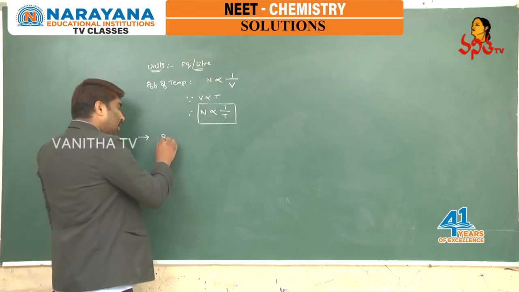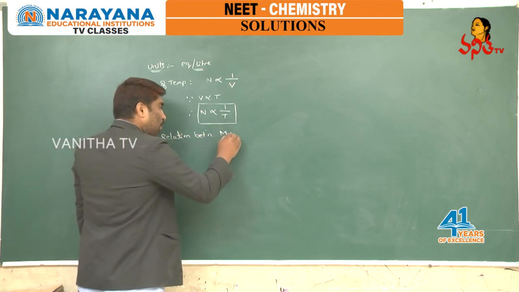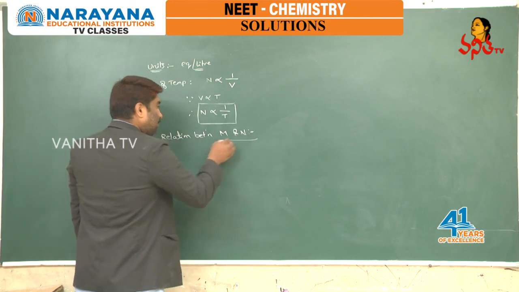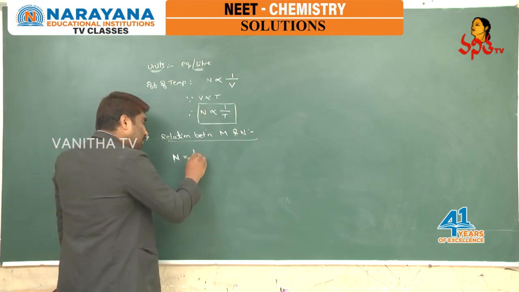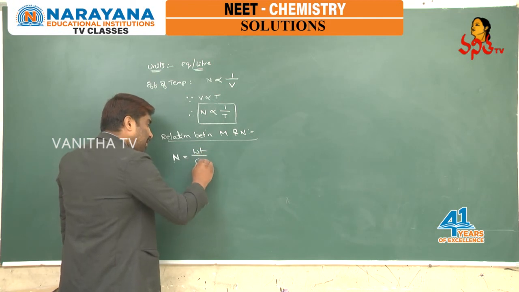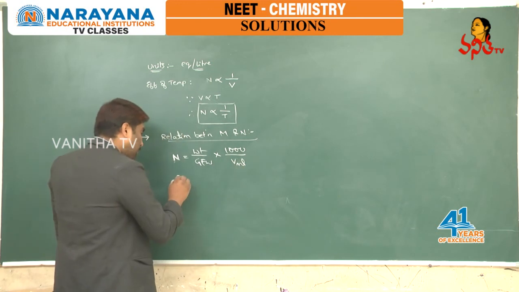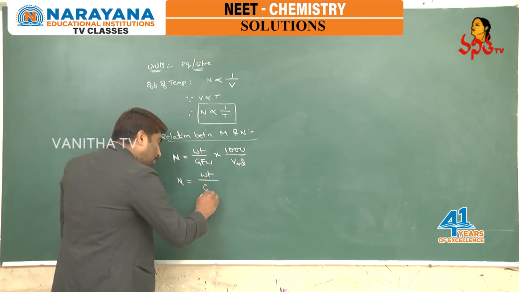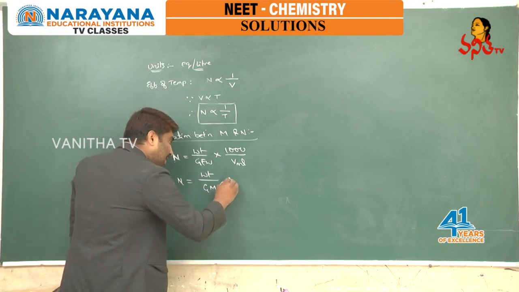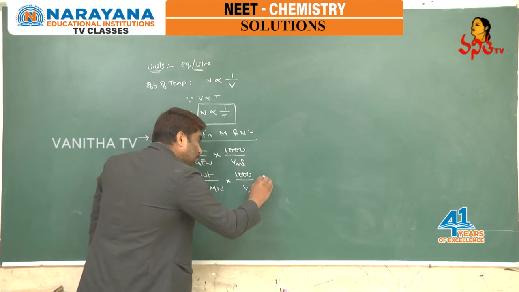What is the relation between molarity and normality? Normality is weight by gram equivalent weight into 1000 by volume in ml. But you know that gram equivalent weight is equal to gram molecular weight by n factor, so it is weight by gram molecular weight into 1000 by volume in ml into n.